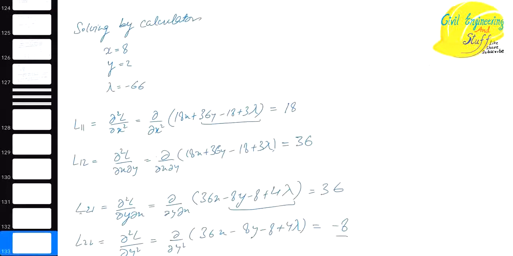So forming the matrix: 18 minus e, 36, 3; 36, minus 8 minus e, 4; 3, 4, 0. Okay, putting it equal to 0.